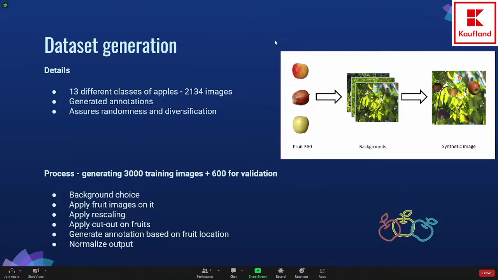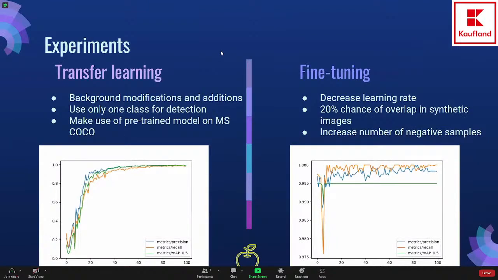As experiments, we started from the 13 classes of apples that we talked about earlier, but in the first really large experiment that we conducted, we used only one class for detection in order to have better speed for our work. This was first done by transfer learning, because YOLO V5 offers a model pre-trained on the MS COCO dataset.